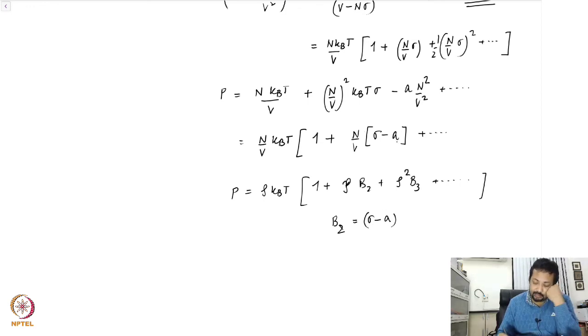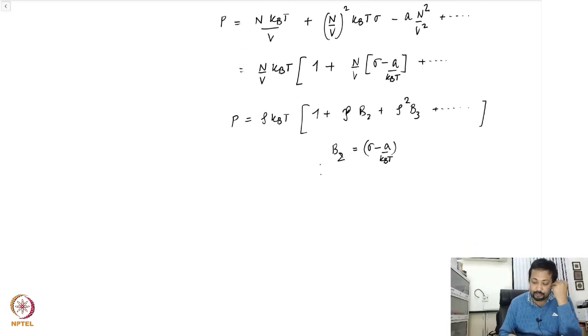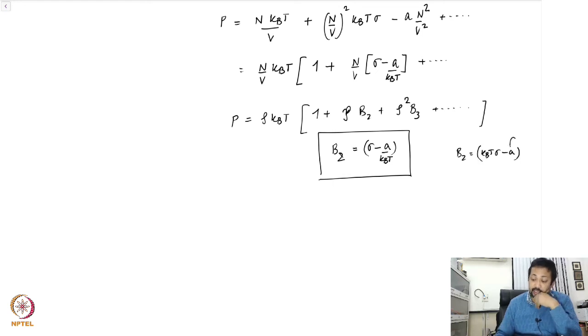If I have taken k_B T outside, this has to be a over k_B T. So this is your second virial coefficient. Alternatively, you can also absorb the k_B T in the second virial coefficient and define B2 as k_B T sigma minus a. a has the dimension of energy. Please remember that.